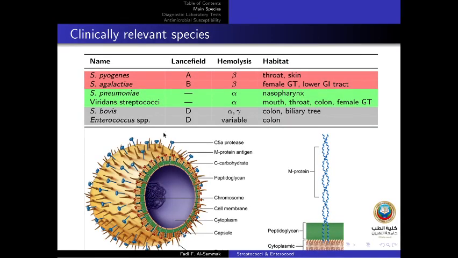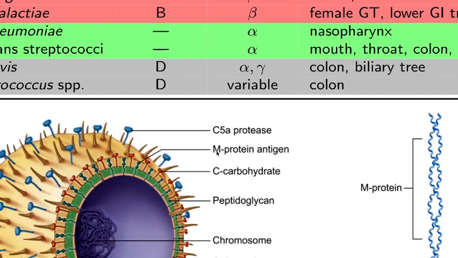In this drawing, you see a single streptococcal cell and the different antigens on the cell wall. One of the antigens is called M protein antigen, and there are more than 80 types of this antigen. This one is involved in the antigen-antibody cross reaction as an autoimmune disease, leading to post-streptococcal diseases that we are going to discuss later on.